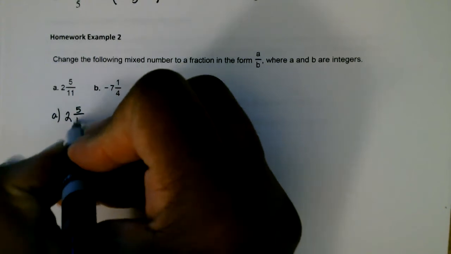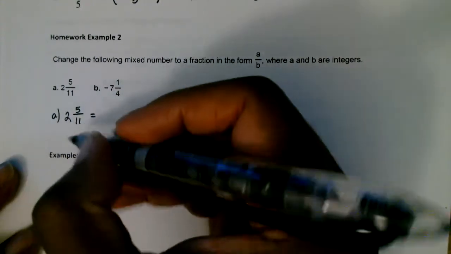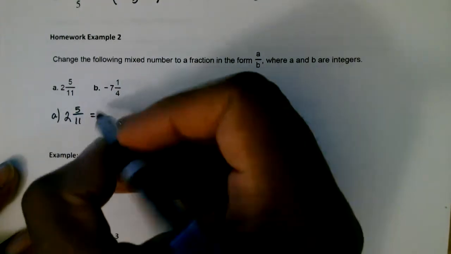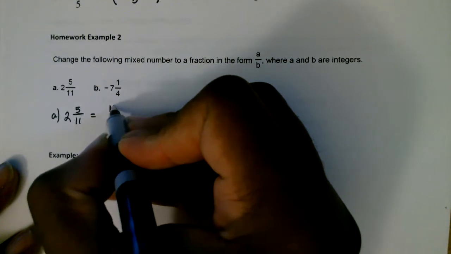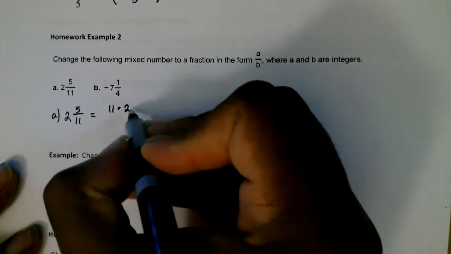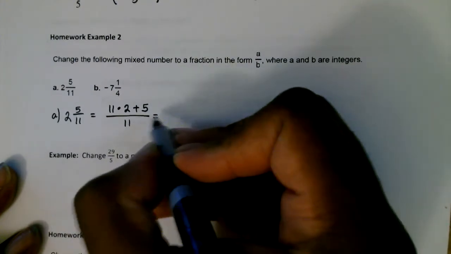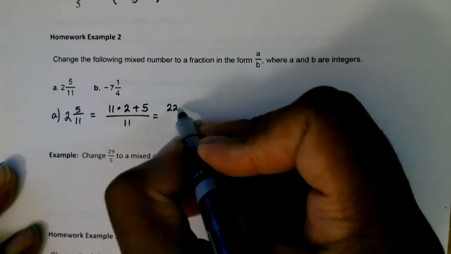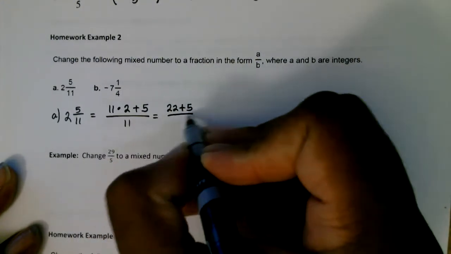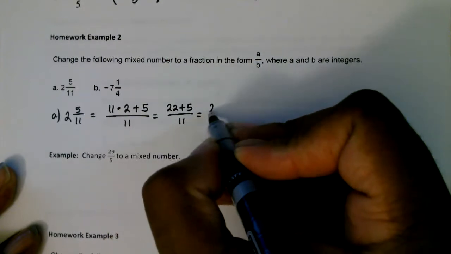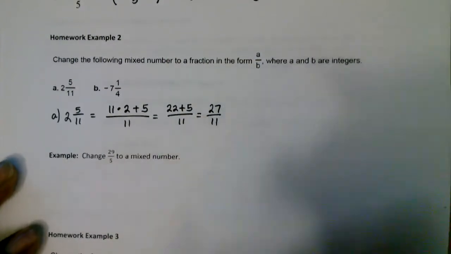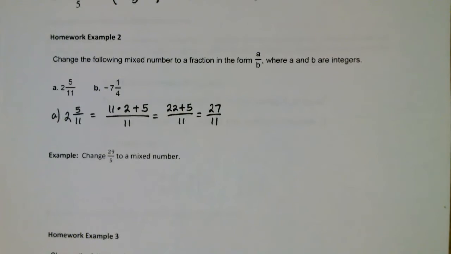So 2 5/11, just like I did in the previous example, we take our denominator of 11, multiply it by the whole number of 2, and then add the numerator. So 11 times 2 will be 22. And then 22 plus 5 would be 27. And we write that over 11. So 2 5/11 as a fraction in the form of A over B will be 27 over 11.